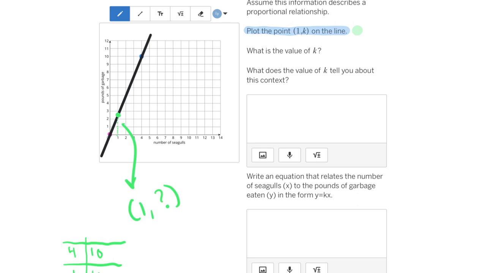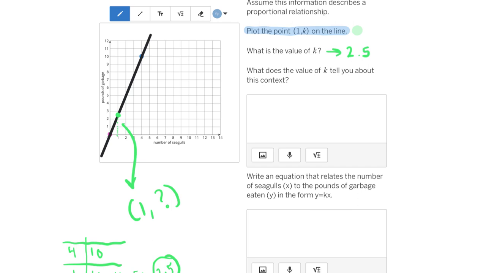Well, we just simply take the second column and divide by the first column, and we get 10 over 4, 5 over 2, or 2.5. Okay, so that is 2.5. So the value of K that they're asking us is 2.5.